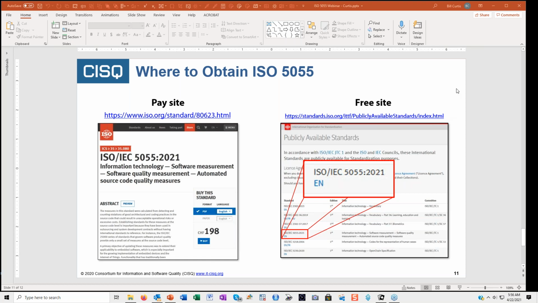27001 and 5055? Well, 5055 actually lists the weaknesses in software. 27000 tends to be a process-based standard, which is critical. But what 5055 adds to all of this is a list of severe weaknesses in the software related to security that need to be remediated, that need to be removed.